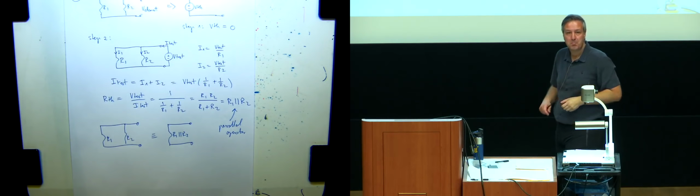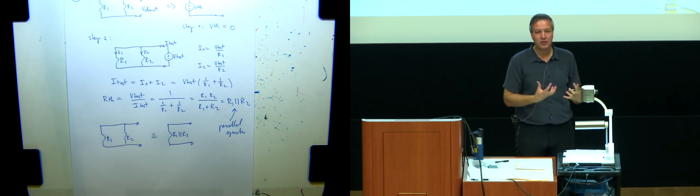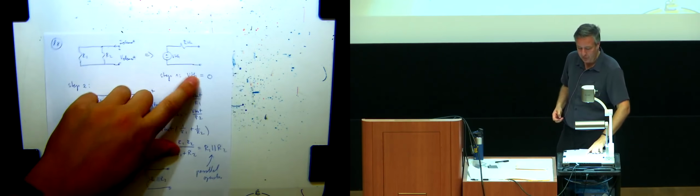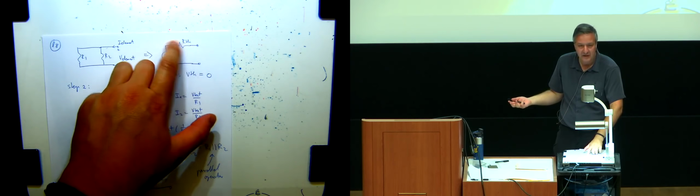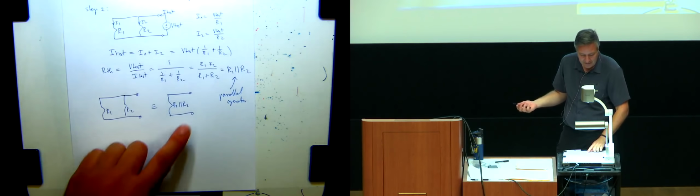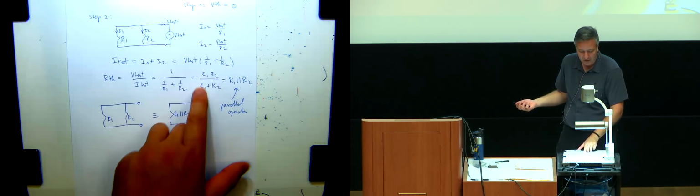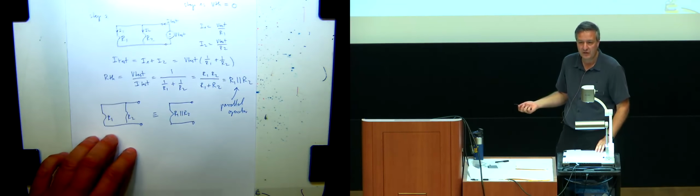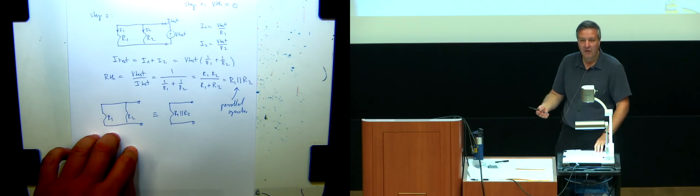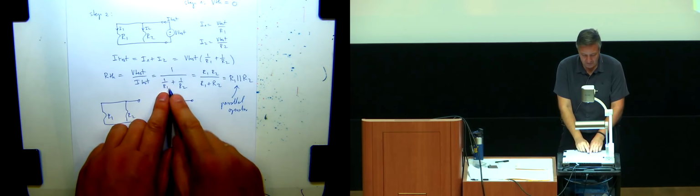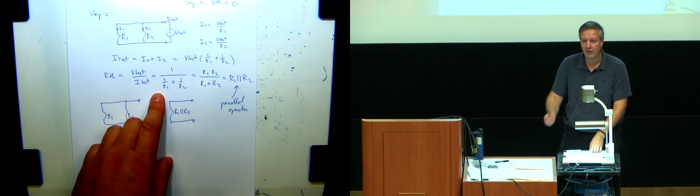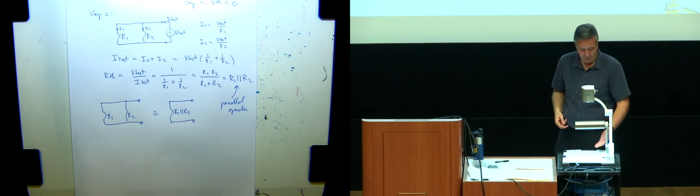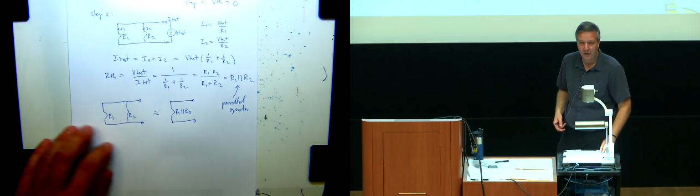Does that make sense? It's just a resistor because our Thevenin voltage is equal to 0. So there's no source, and it just leaves the Thevenin resistor. In this case, the Thevenin resistor is a product divided by a sum of the two resistors. And if I have more of them, as you'll see, you can easily derive, it just becomes a sum of 1 over these resistances. So if I have more resistors in parallel, you just keep applying this parallel operator.